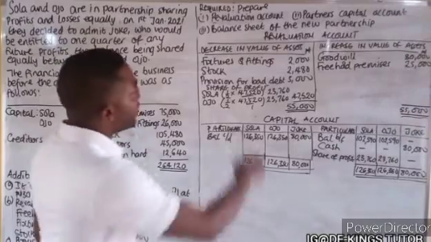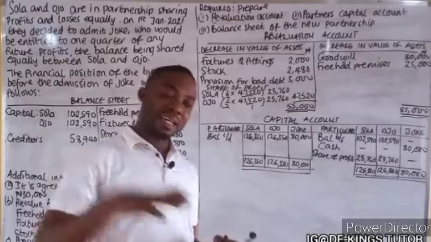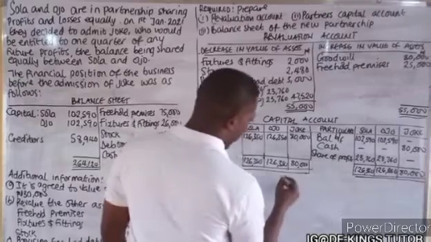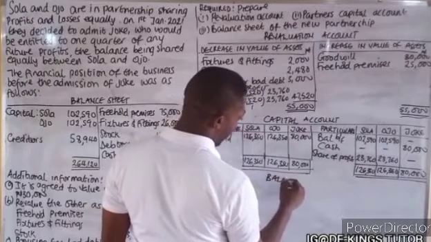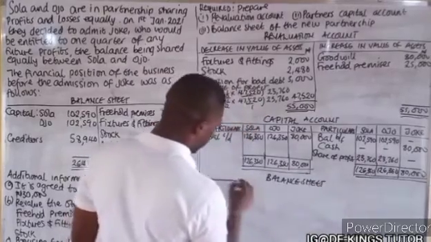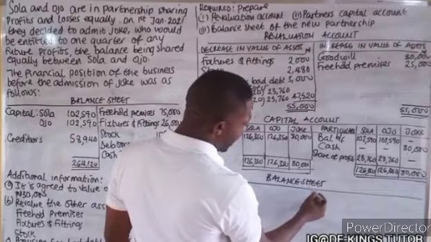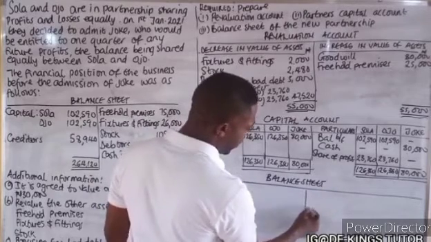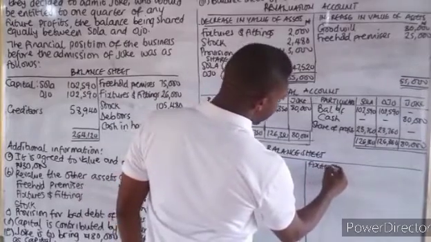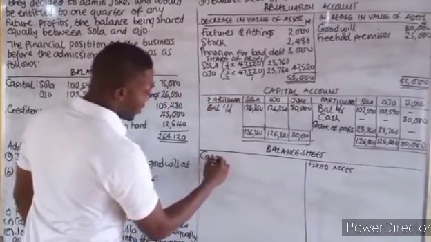So the last part is to prepare the balance sheet of the new partnership. Now, how will the balance sheet look after the admission of Joke? So we'll have here the balance sheet, the fixed asset, and the capital.